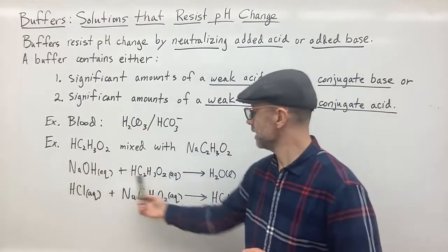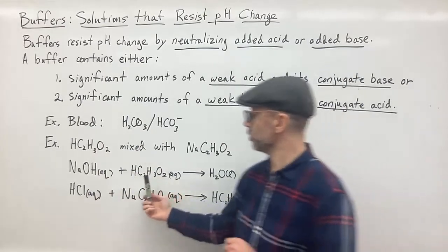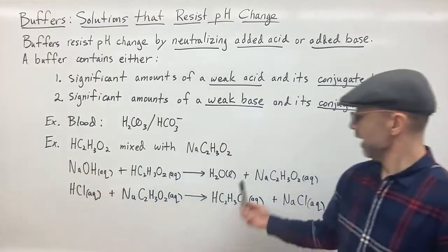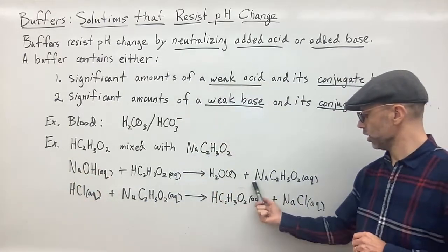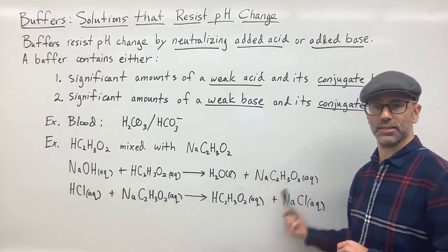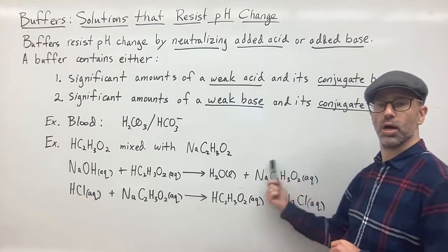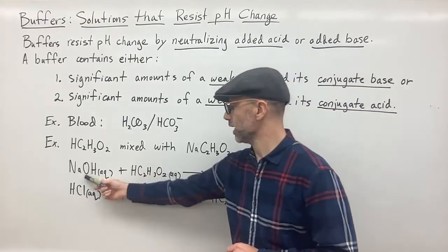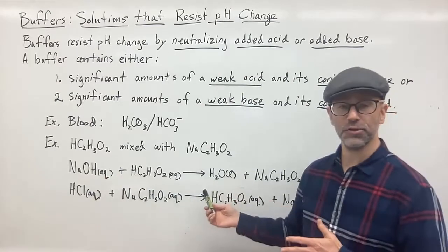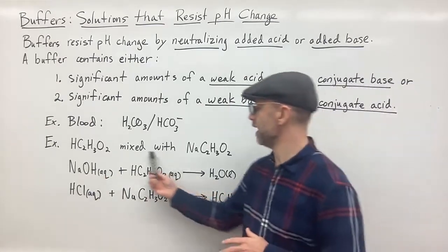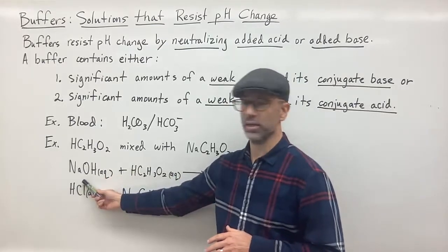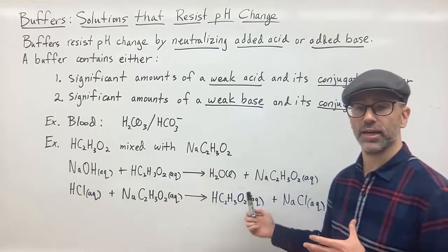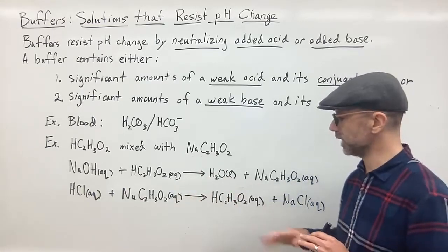The acetic acid in the buffer is going to react and neutralize the sodium hydroxide, forming water and sodium acetate, which I already have in the solution. So I'm making more of the conjugate base and losing some of the acid. The buffer is safe as long as the amount of acid I have is greater than the amount of base I'm adding. Then the buffer will keep the pH relatively the same.